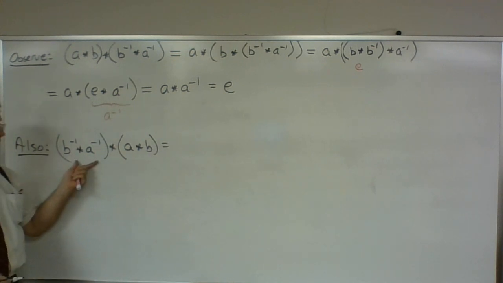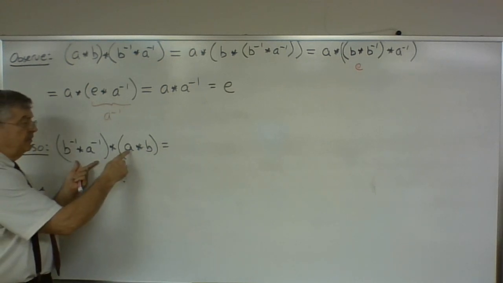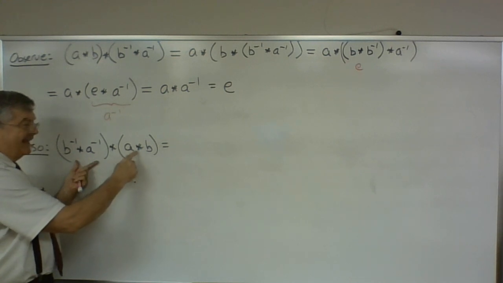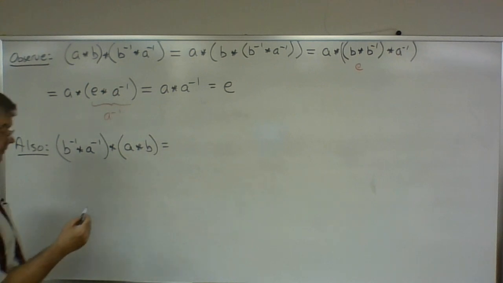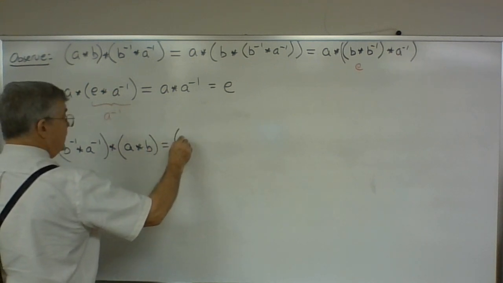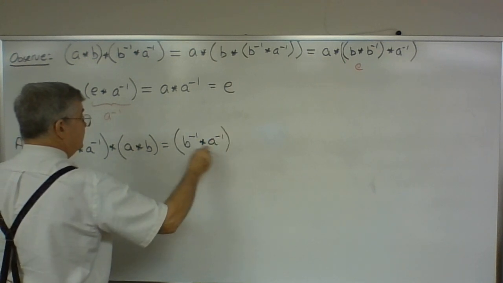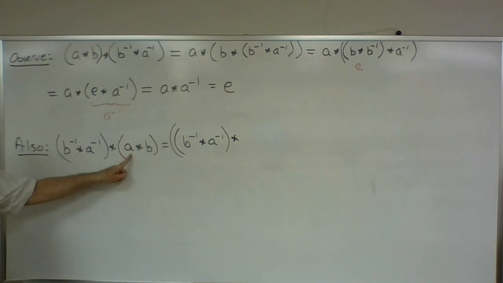We can consider this to be one element, and we can choose to associate A with this element rather than associating A with this element. That's what associativity tells us. So we have B inverse star A inverse star A.